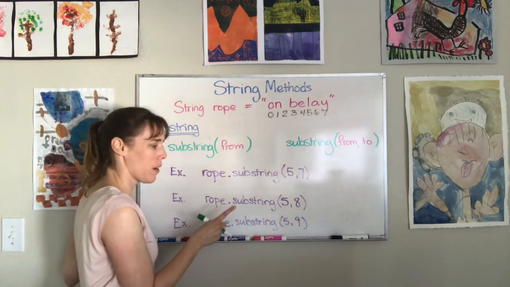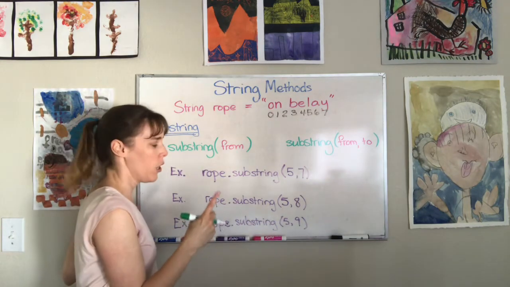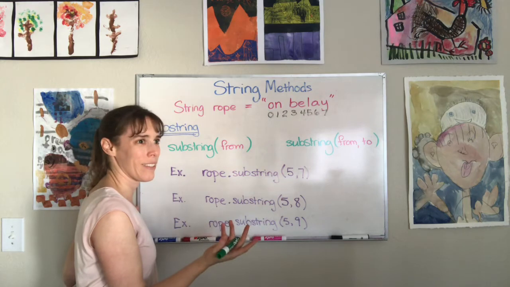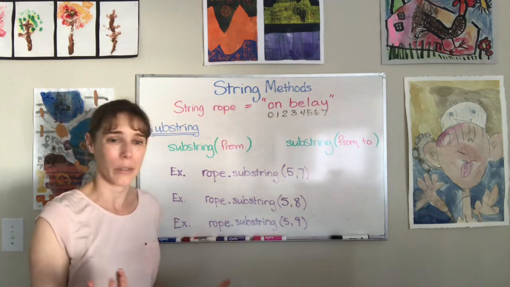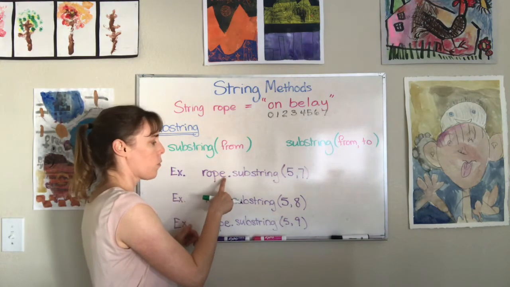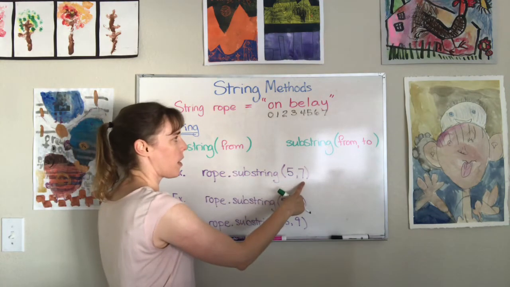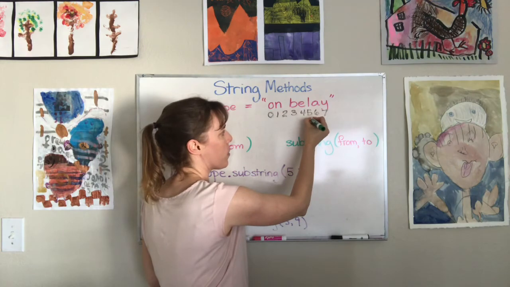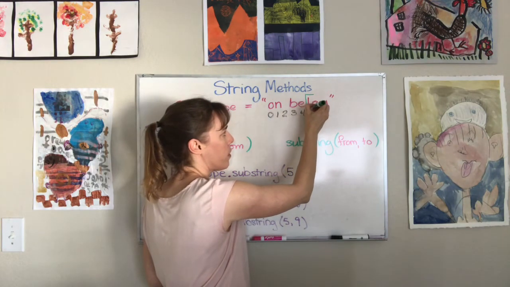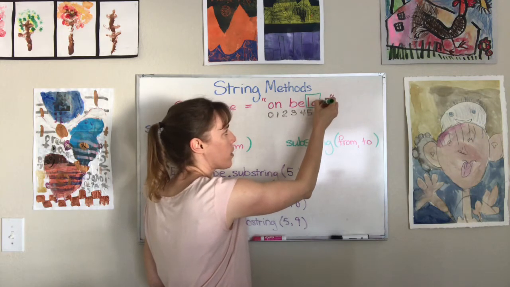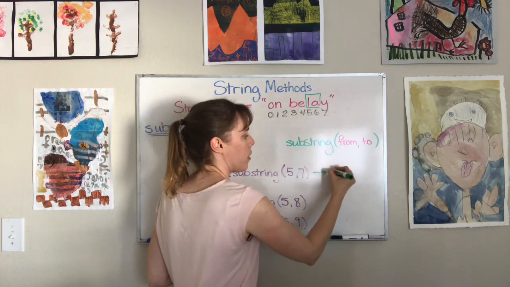I wanted to talk about, if you look at your next page of notes, you'll see there are places where it doesn't go right. So I wanted to talk about those before you accidentally stumbled into it. So, rope.substring from 5 to 7. If we're looking at this from 5 to 7, it would choose 5, 6, and not include 7. That would be la.